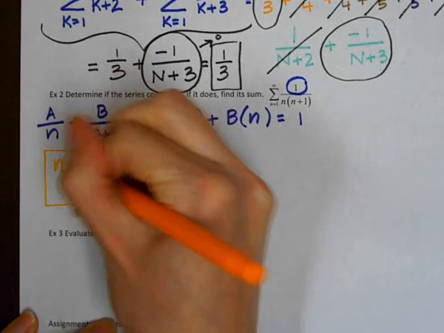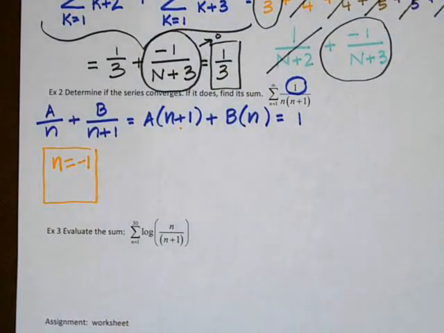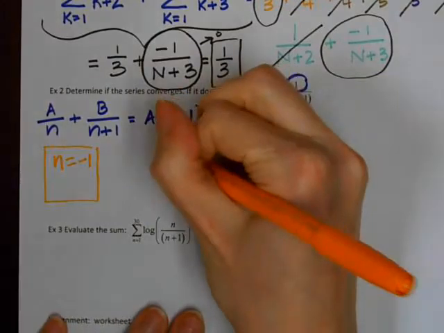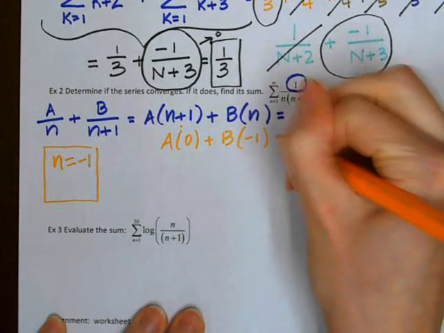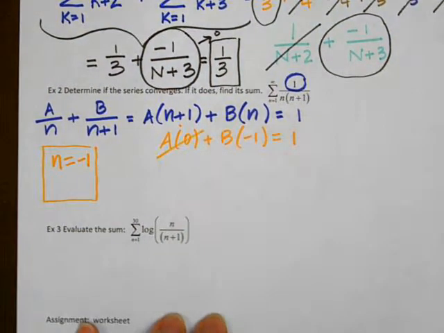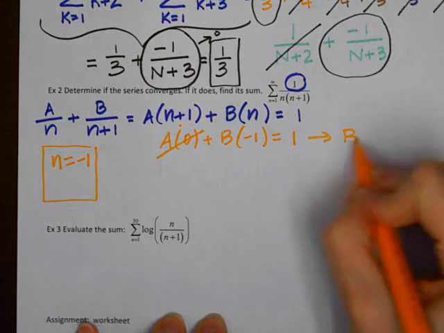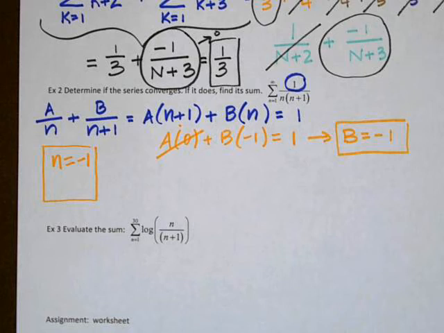So I'm going to choose n equals negative 1 to start. When I plug in negative 1 for n, I get a times 0 plus b times negative 1 equals 1. And then these cancel, and we can see that b is going to be equal to negative 1. Okay, great.